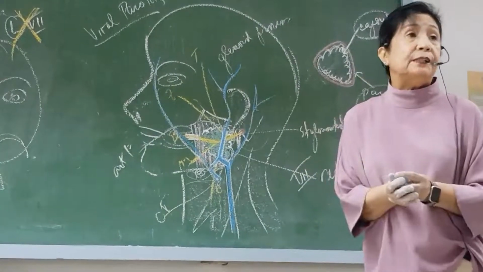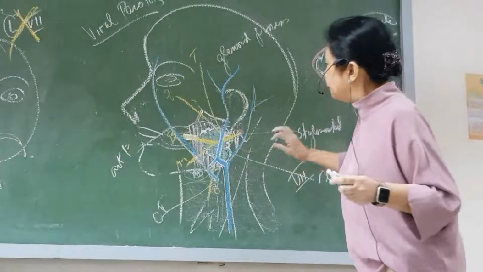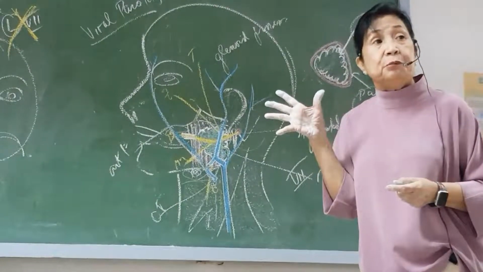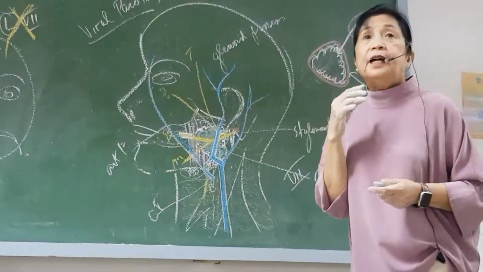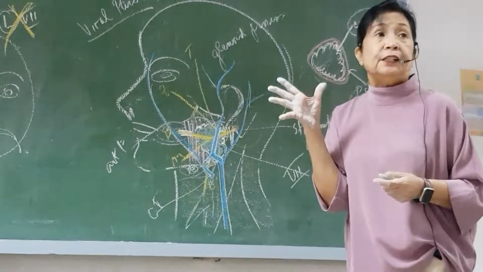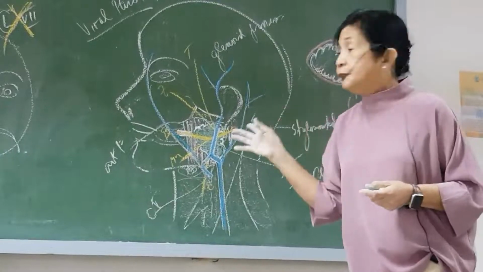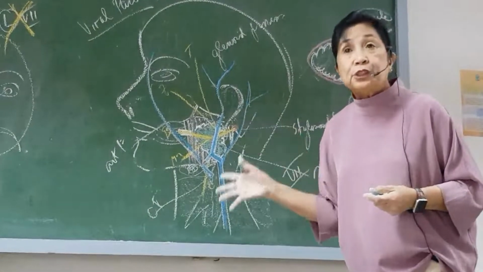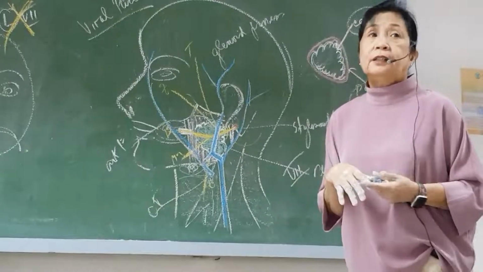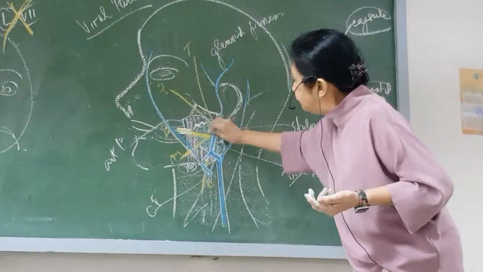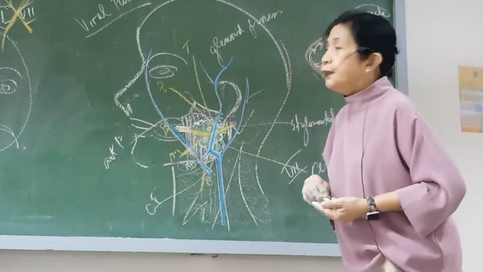Okay? So in summary, there are structures that you find within the parotid gland. Ano nga yung nerve ulit? Facial. And these are supplying the muscles so you can move your face on the same side. Anong artery? External carotid. And anong vein? Retromandibular or posterior facial. And then of course you have your parotid lymph nodes. So may mga lymph nodes dito, mga ganyan. Okay?